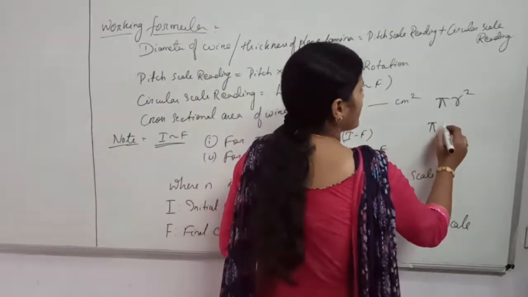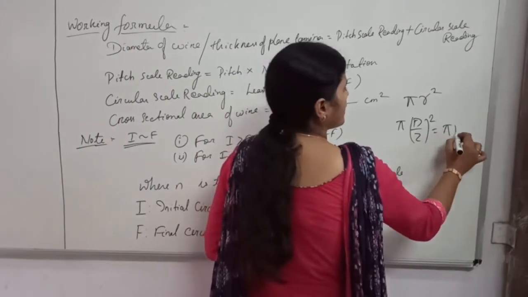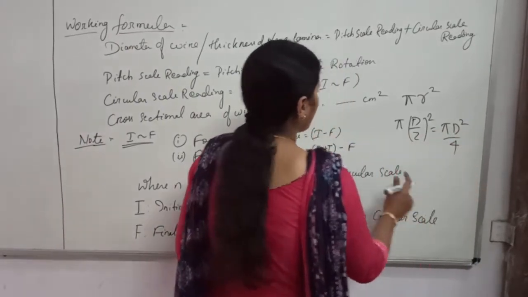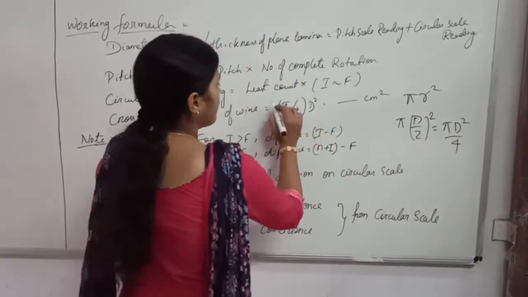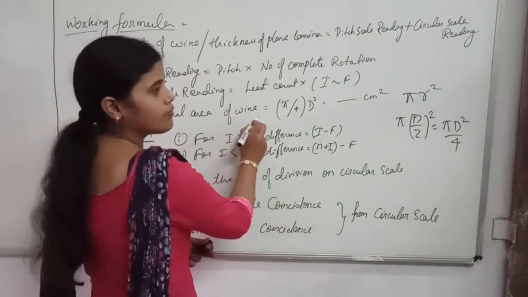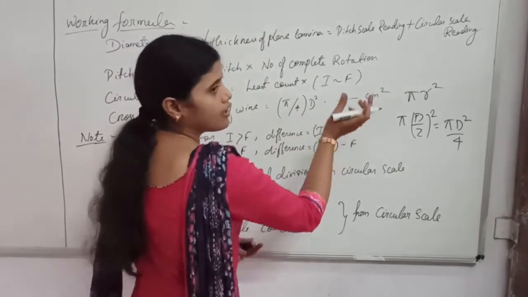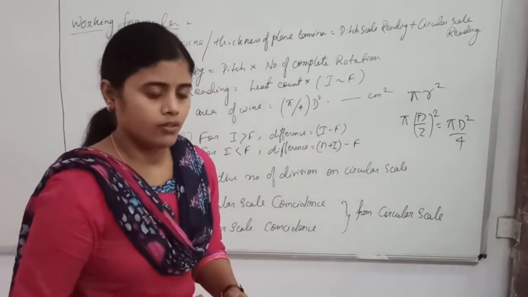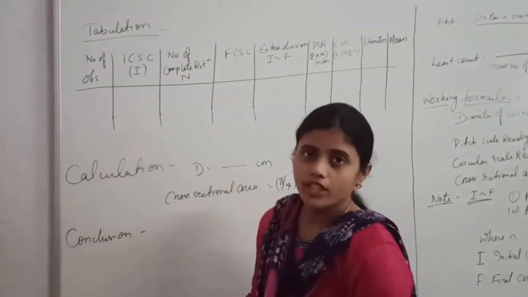So pi into d by 2 whole square gives pi d square by 4, which I have written here, pi by 4 d square. This will give you the cross sectional area of the wire. So after finding the diameter, you will put the value of d here and you will get the cross sectional area of the wire.